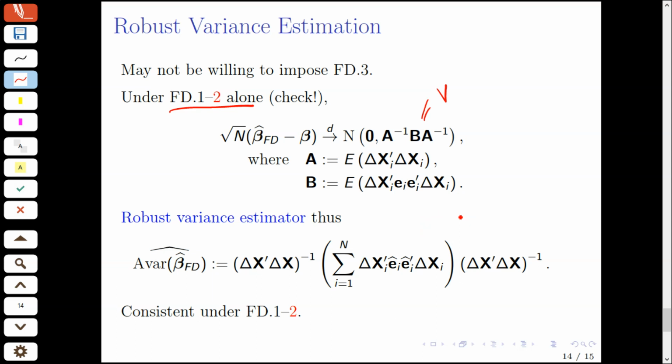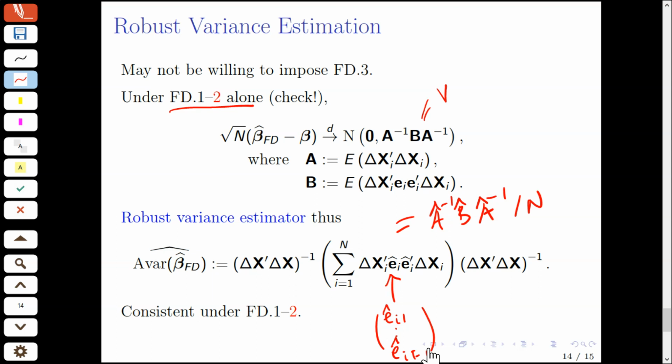So how would we construct a robust variance estimator? Well, we would simply replace A and B by consistent estimators and divide by n. And that's what we've done in the last display down here, where these boldface e_i hats represent the vector of first difference residuals, one for each of the T minus 1 periods of data that is available.